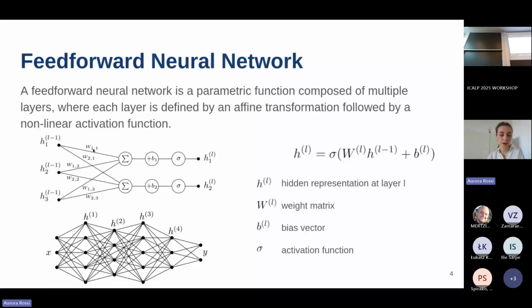Each element is multiplied by a weight, then they are summed together, and so this part corresponds to a matrix multiplication. Then we add a bias vector, and at the end an activation function is applied. If we concatenate several layers, we obtain a multi-layer perceptron.